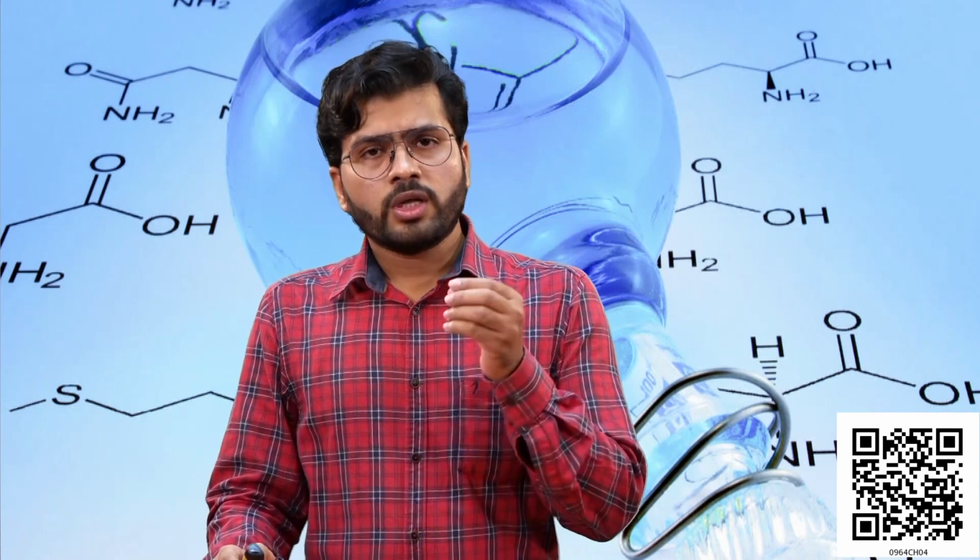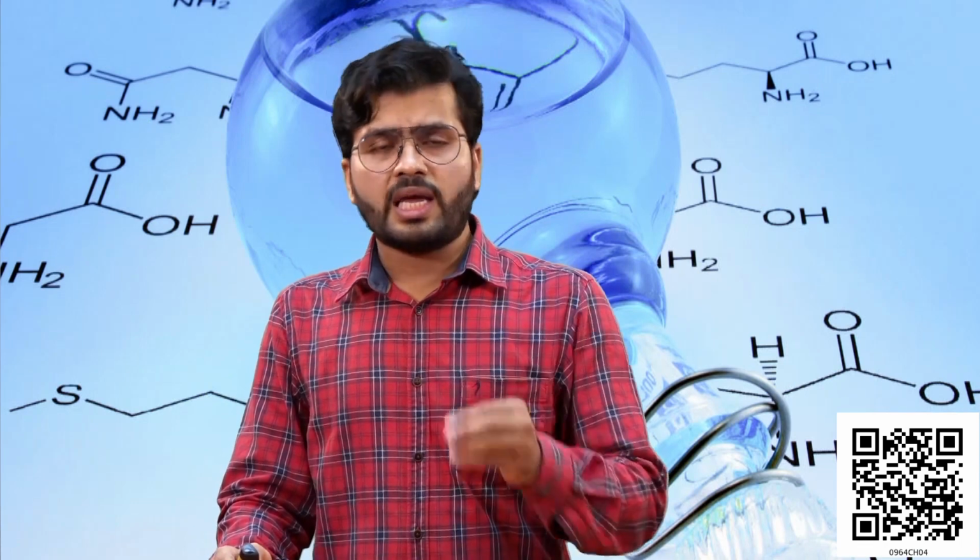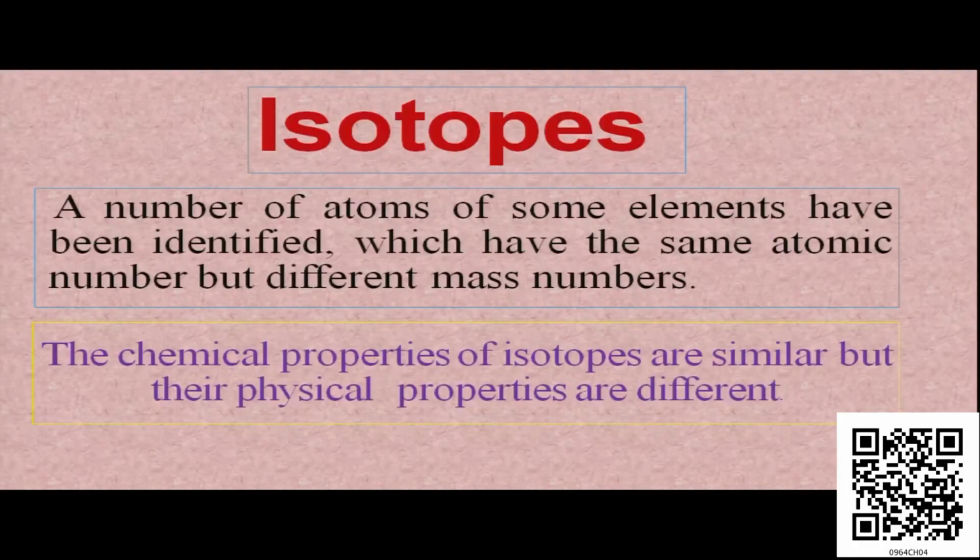And we call such species, atoms belonging to the same element having the same atomic number but different mass number, isotopes. So let's look at the definition. A number of atoms of some elements have been identified which have the same atomic number but different mass number.